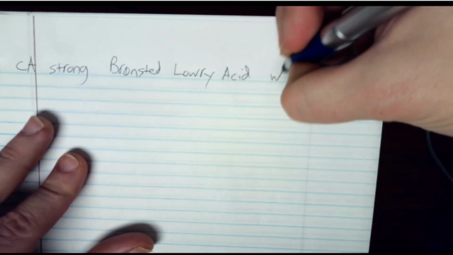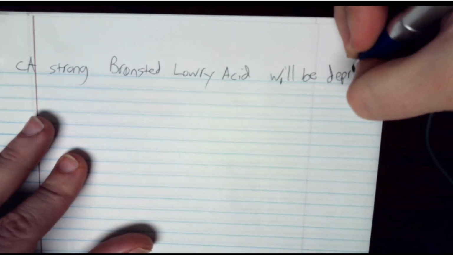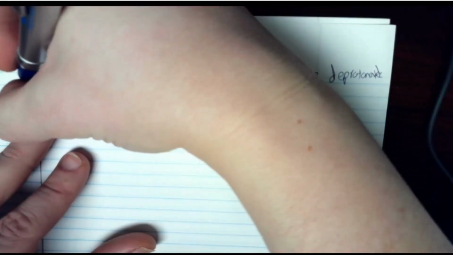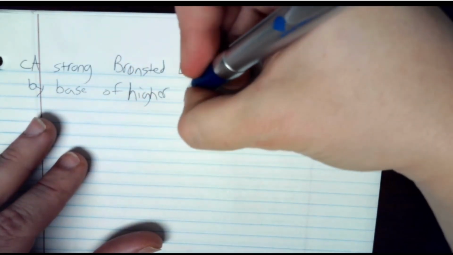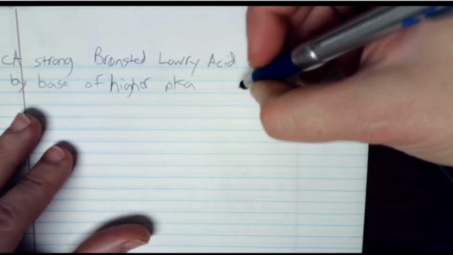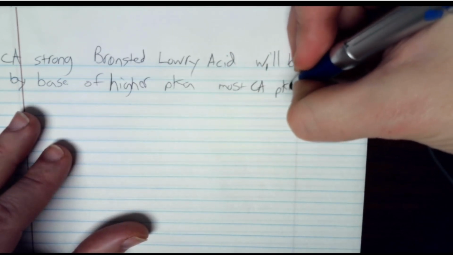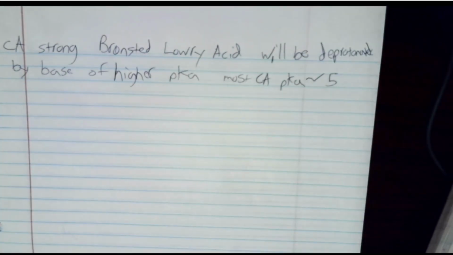So they will be deprotonated with a base of a higher pKa. So we're looking at the pKa strength. Most carboxylic acids will have a pKa of about 5. So anything with a pKa greater than 5 will, if it's a base, deprotonate it.